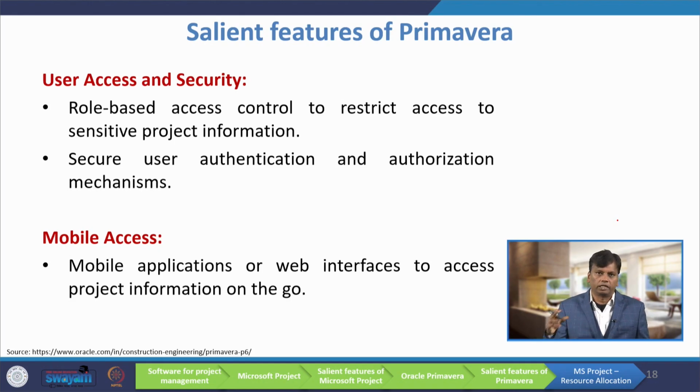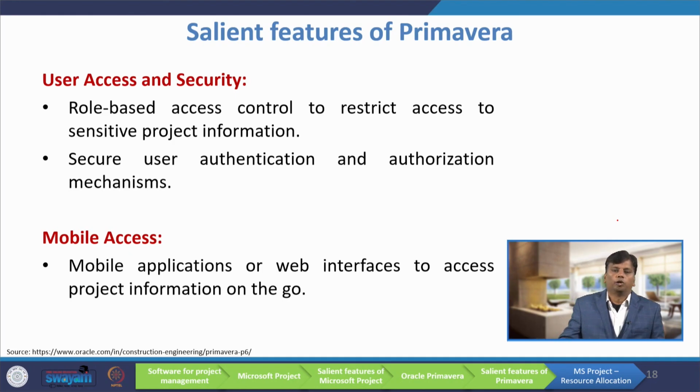So, that access control is possible with the help of this Primavera software, because the lower level managers may not need to know how the other people, those who are at the other levels of management, are doing their project. So, that information is not required for this person, but the project manager can see the overall project progress. So, we can restrict the access based on their designation.